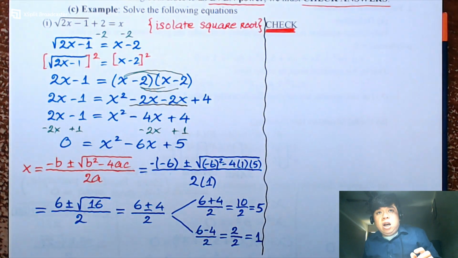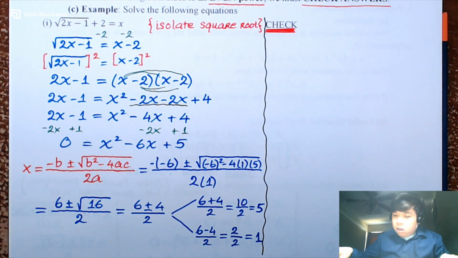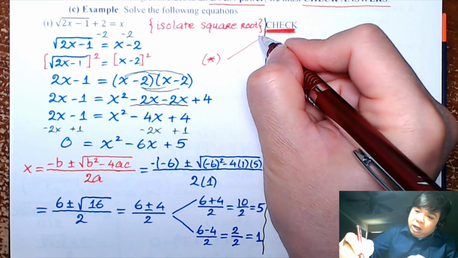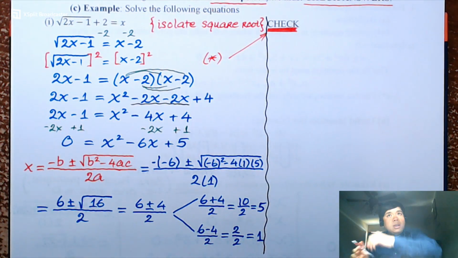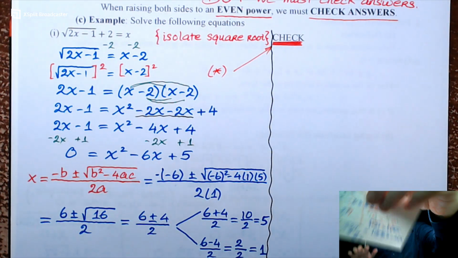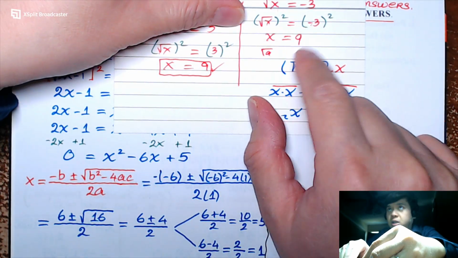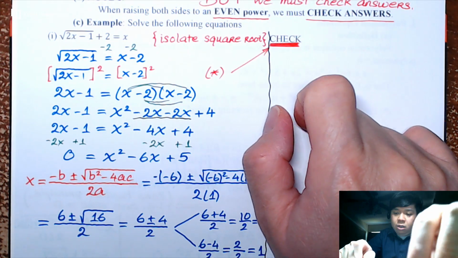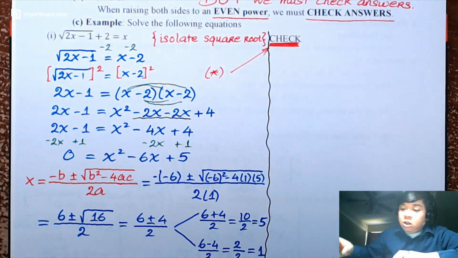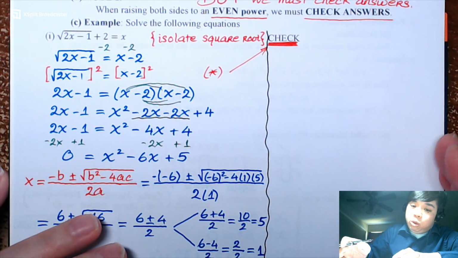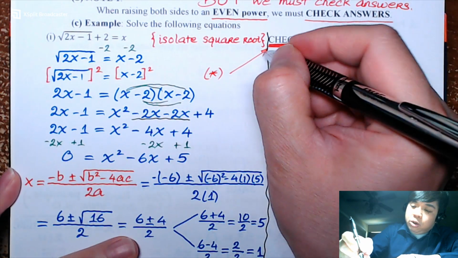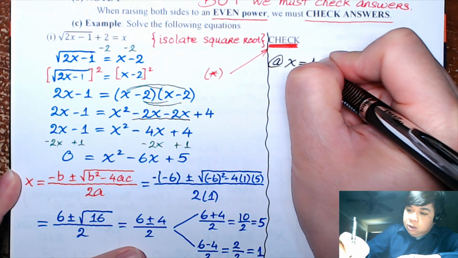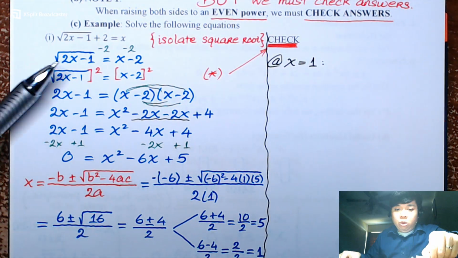But we're not done. Remember, because when we square both sides, we have to check our answers, to avoid having something like this that is not true. So we have x equal to 1 and x equal to 5. We will check by substituting into the original equation. So when x equals 1, I'm going to put 1 in for x.